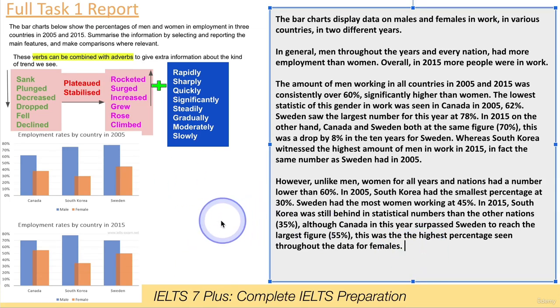Although Canada in this year surpassed Sweden to reach the largest figure, 55%, this was the highest percentage seen throughout the data for females.